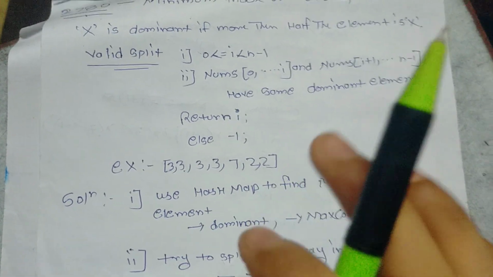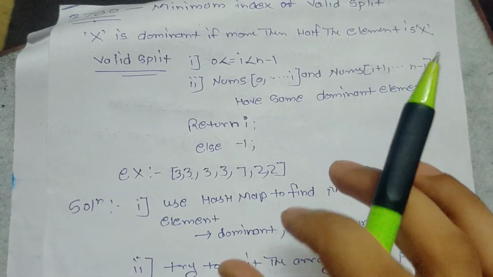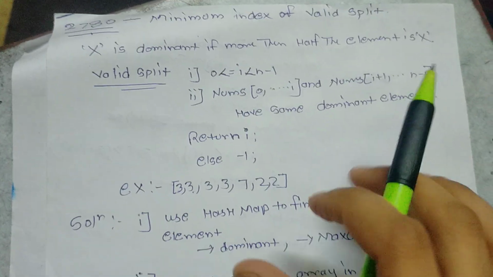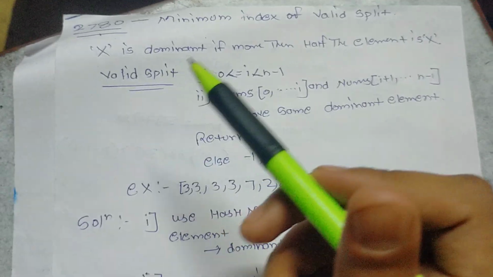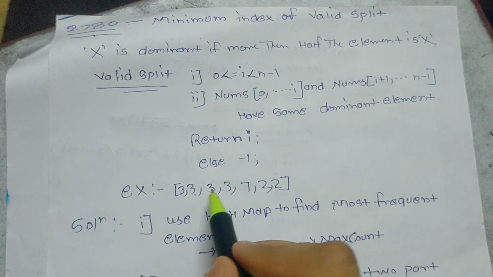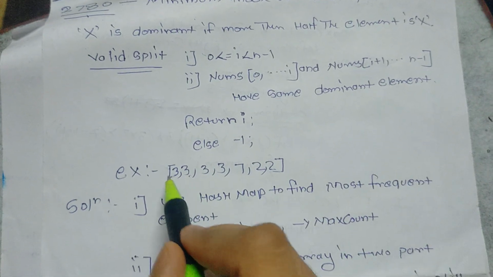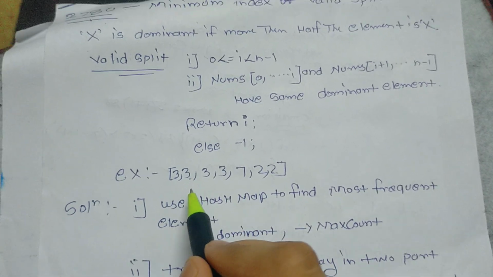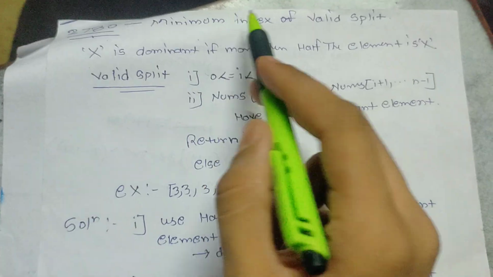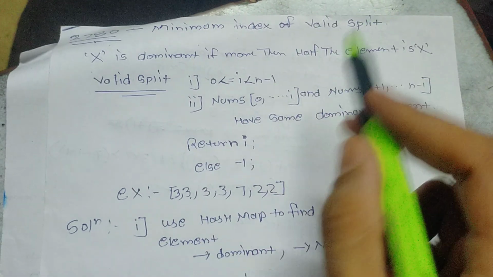But by the way, what is the question asking for? We have to find the valid split. What is a valid split? There is an array, or list, nums, and in this list we have to find the minimum index of a valid split. What is a valid split?